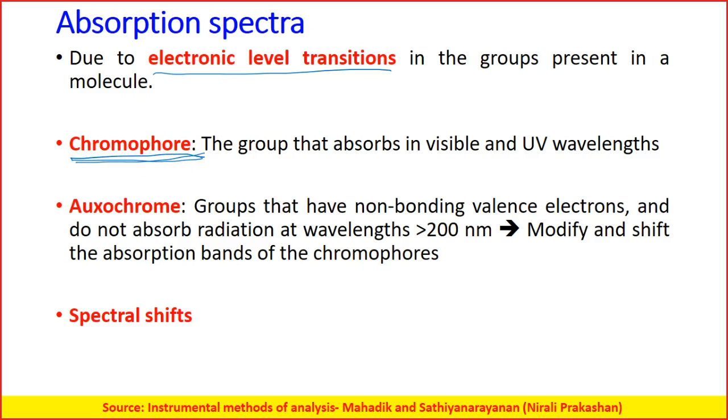So chromophores are the functional groups present within a molecule which are responsible for the induction of the absorption spectra. They are the major culprit for the absorption of the radiations.